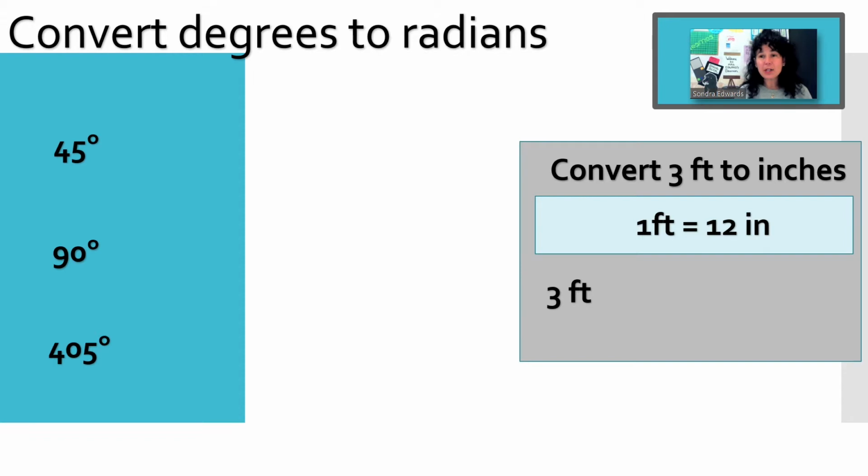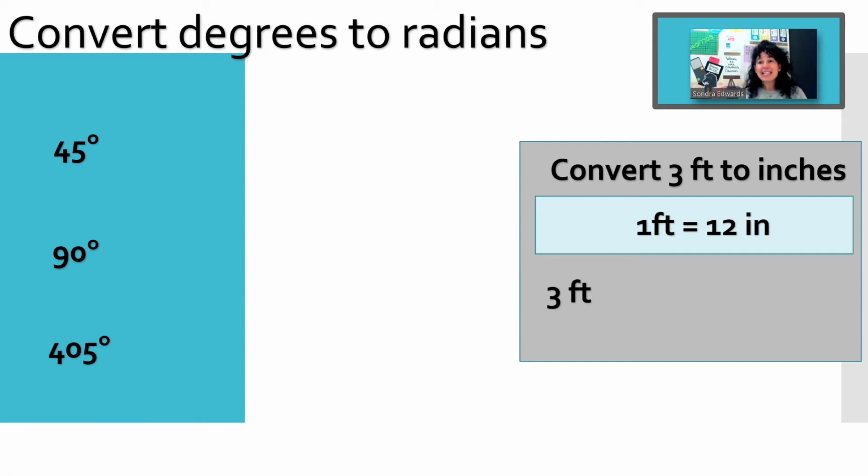Now the question really remains, should I multiply by 1 foot over 12 inches, 1/12, or should I multiply by 12 inches over 1 foot, so multiplying by 12? To answer that question, you just think about your labels. You're starting off with feet and you would like to get rid of feet.